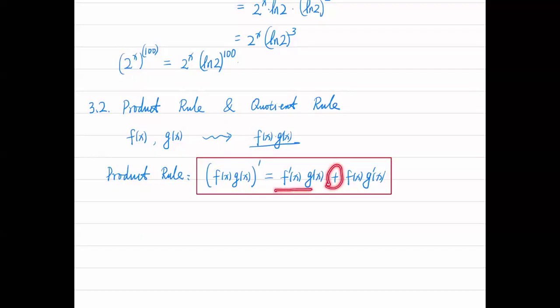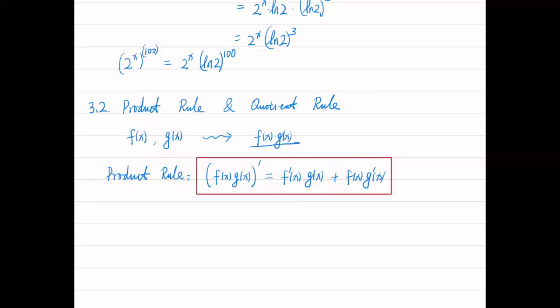The first term, we keep the second function unchanged and take the derivative of the first function. Second term, first function unchanged, derivative of the second function. So the product rule ends with a summation.